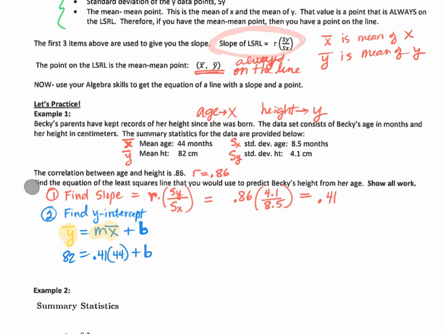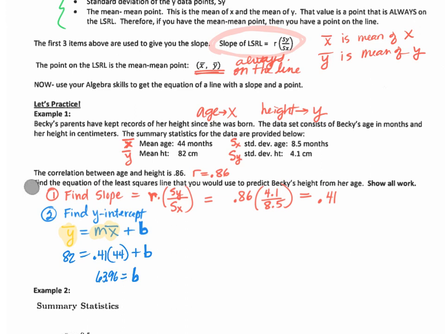So now I'm going to take that 82 and subtract away that 0.41 times 44, and the y-intercept that I get is 63.96.